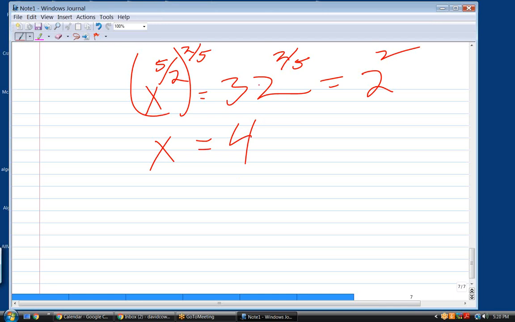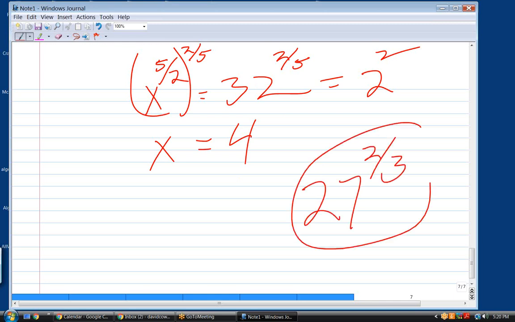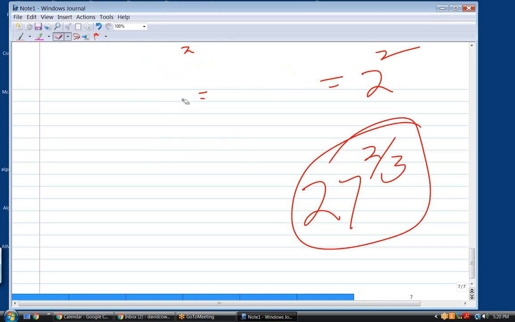And like I said, when you get these kind of problems, what is this equal to? 3. How much? 3. What's the cube root of 27? 3. But then you got to square it. 9.